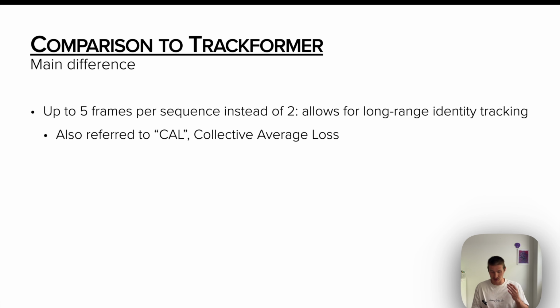This is also referred to as collective average loss in the paper, but really all it is, is that we take 5 images and average the loss across all of them. But it's really important, because it allows the network to be penalized for long-range identity tracking errors and complicated cases when objects move closer together and then drift apart, and so on. So this really helps with the actual identity tracking.